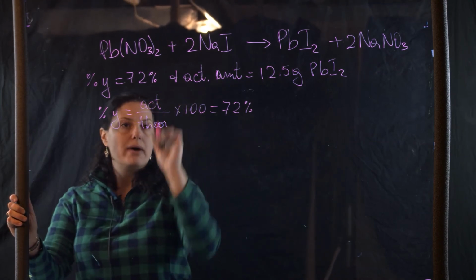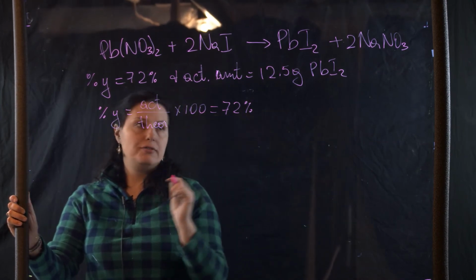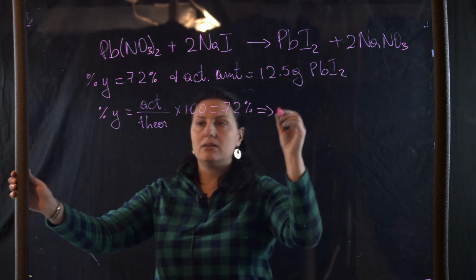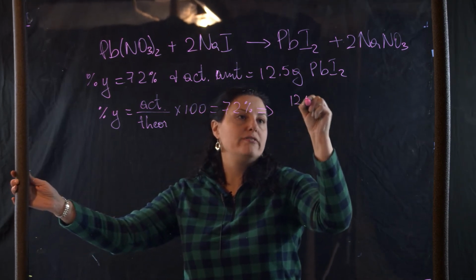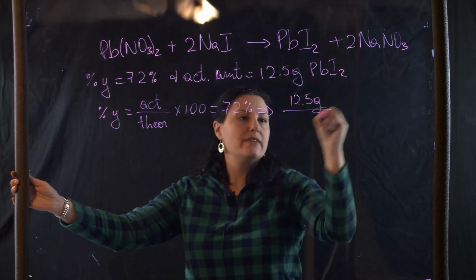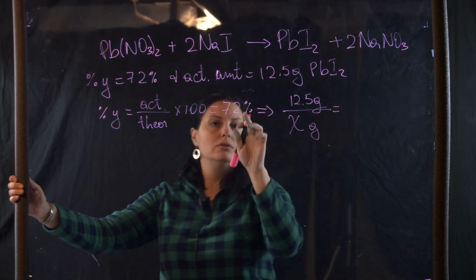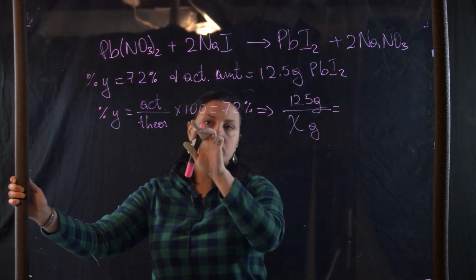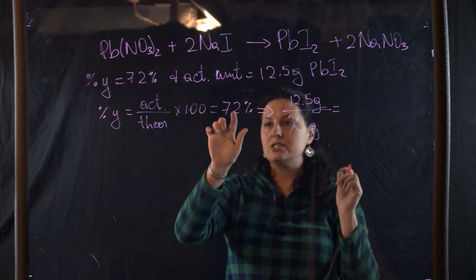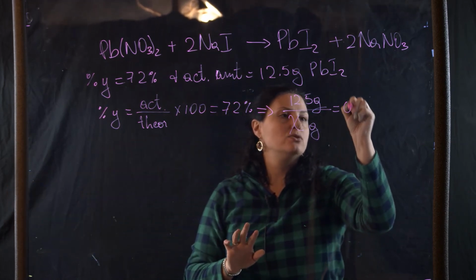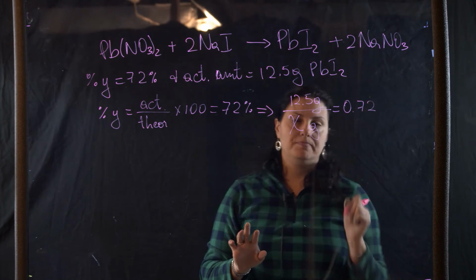Okay? My actual I know. I don't know the theoretical, so I can say my actual is 12.5 grams divided by x grams is equal to, if I divide both sides by 100 to get rid of that percent, 0.72. Okay?